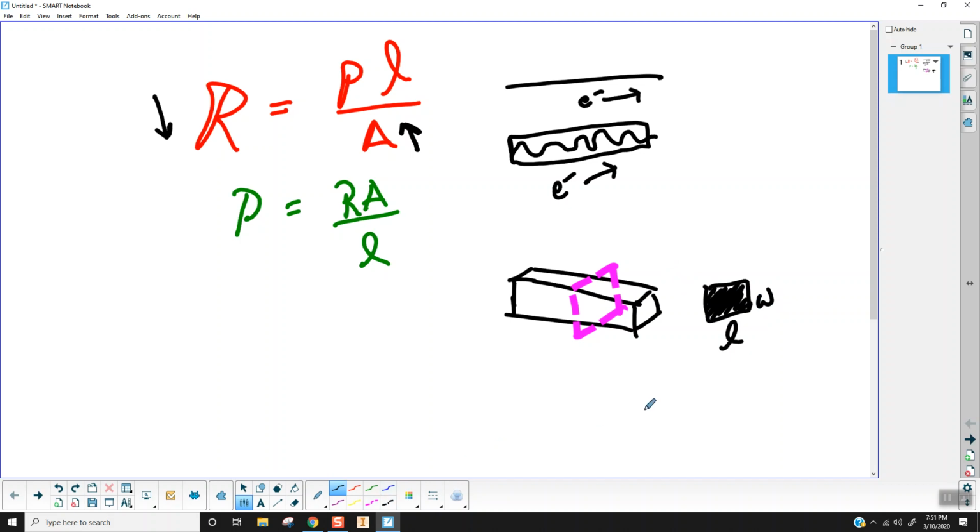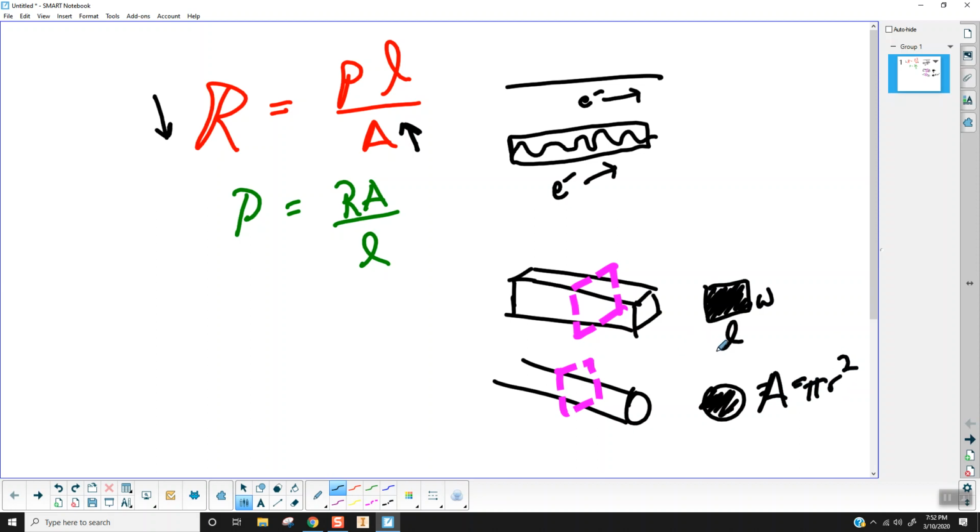If we were to look at a tube, so if I've got a tube here, and I were to do the cross-sectional area again, my cross-sectional area would be a circle at that point. And then to find the area of a circle, we would not use 2 pi r, that's the circumference. Instead, we're going to say area equals pi r squared.